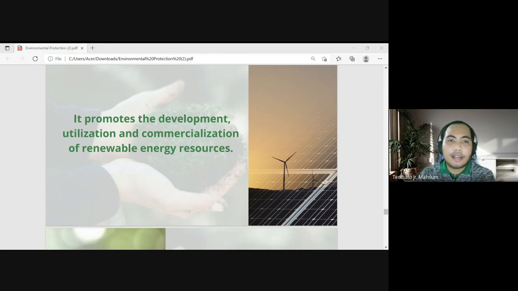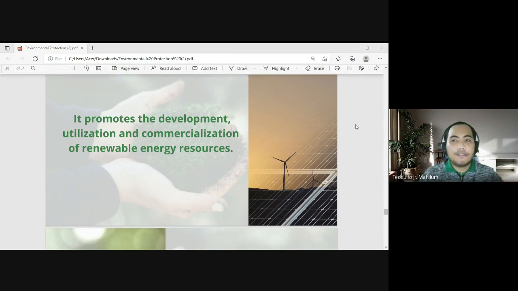So we have RA 9513, RA 9512, RA 8749, RA 8435, RA 6969, RA 9275, and RA 9003. Those are the important environmental laws in the Philippines.